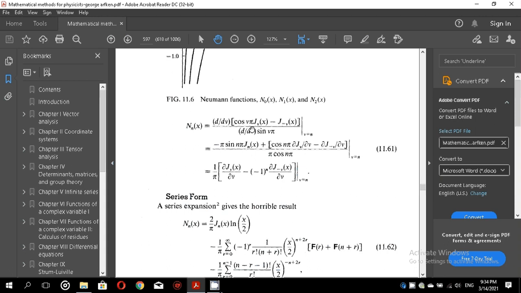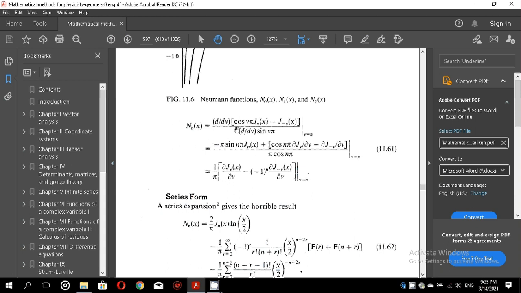Now this step is done here in these three lines, but I would suggest you to consult my notes for the detailed discussion of this.